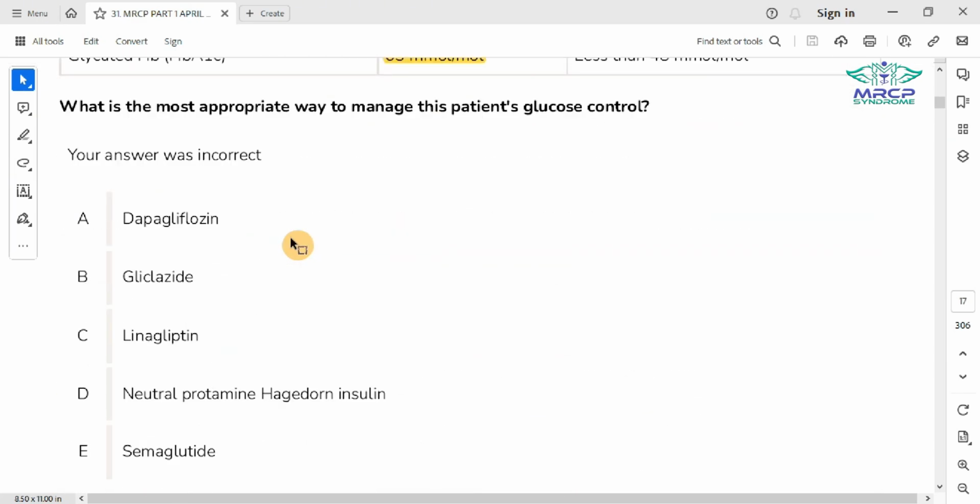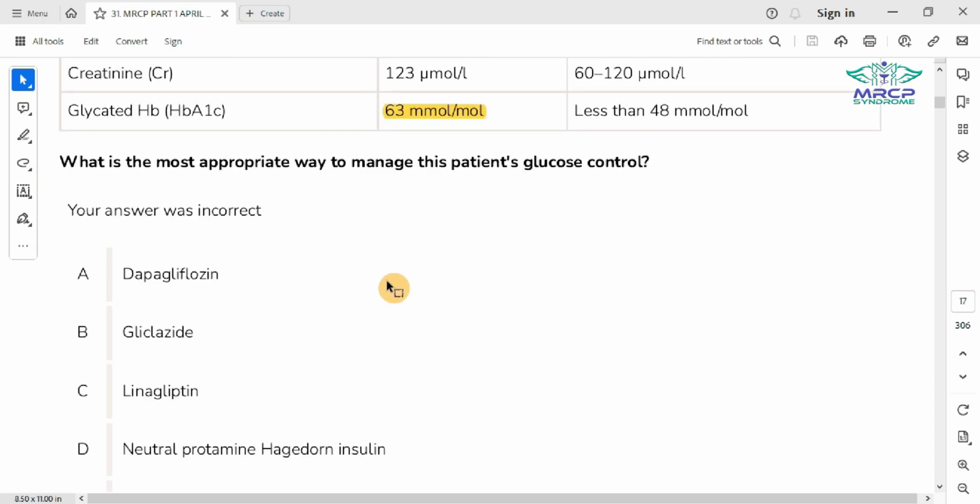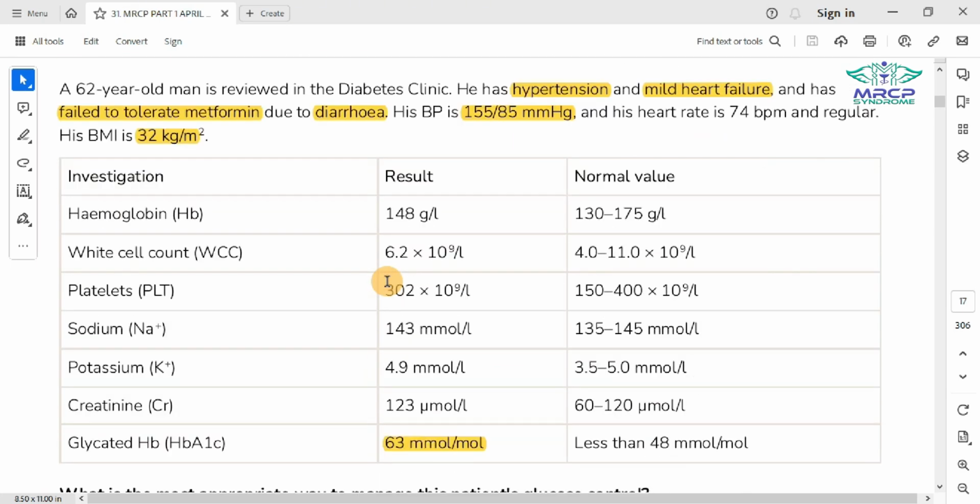So what is the most appropriate way to manage this patient's glucose control? Dapagliflozin, gliclazide, linagliptin, neutral protamine Hagedorn insulin, semaglutide. A 62-year-old man is reviewed in a diabetes clinic. He has hypertension and mild heart failure and has failed to tolerate metformin due to diarrhea.